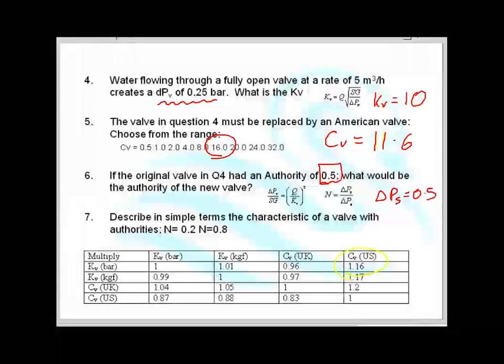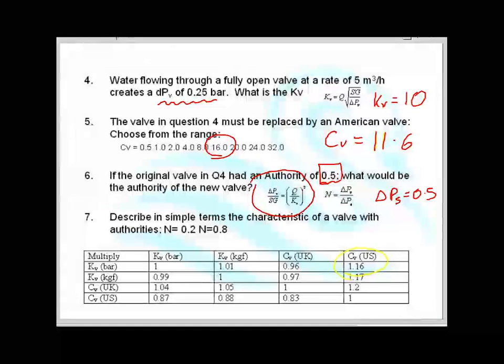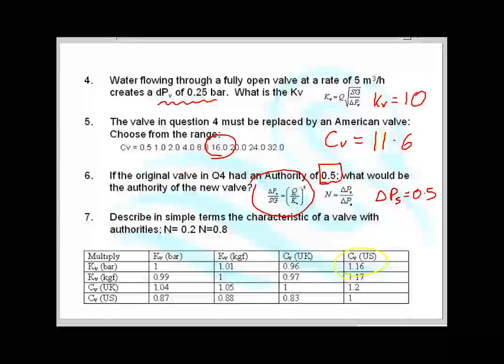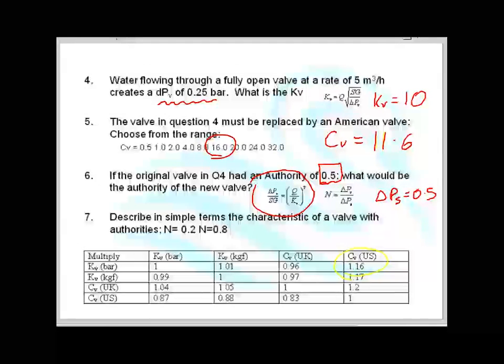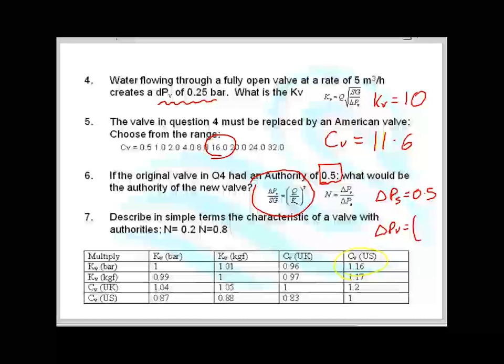So if the system drop was 0.5, we have the equation, rearranging the equation for kV, which is what I've done just here. Rearranging the equation for kV, delta PV over specific gravity, which is 1, is Q divided by kV. So we've got that delta PV equals Q, and Q is still going to be 5, over kV.